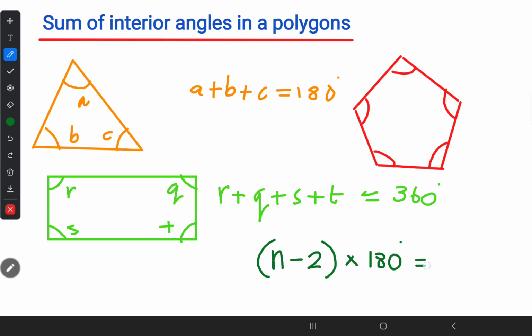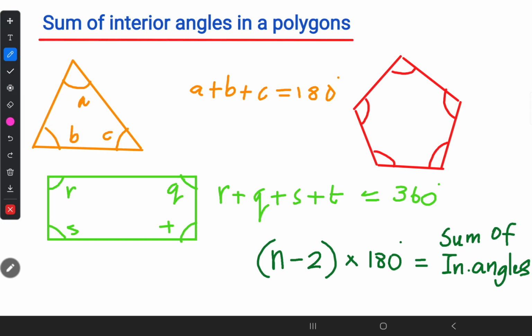This will give you the sum of interior angles of any polygon. It can be a triangle, it can be an octagon, it can be a dodecagon. There are many shapes. We are not going to consider solids, only flat shapes.